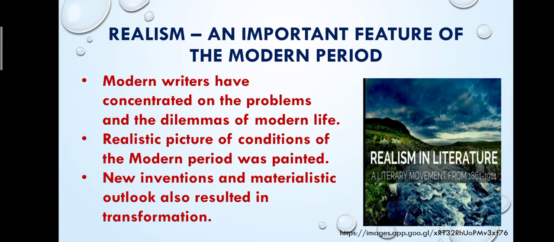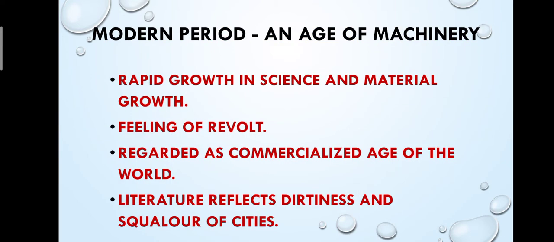Now, the next feature is that this age is known as an age of machinery. The rapid growth of science and materialism has brought about the commercialization of art and literature. The modern period is rightly regarded as the commercial age of the world. The literature of modern times is marked with a kind of revolt.